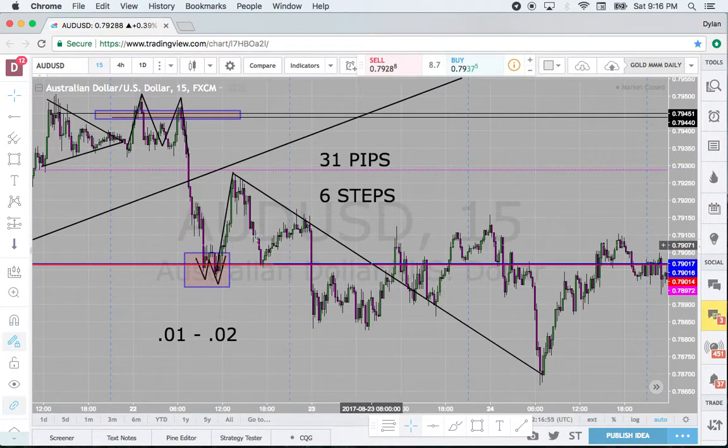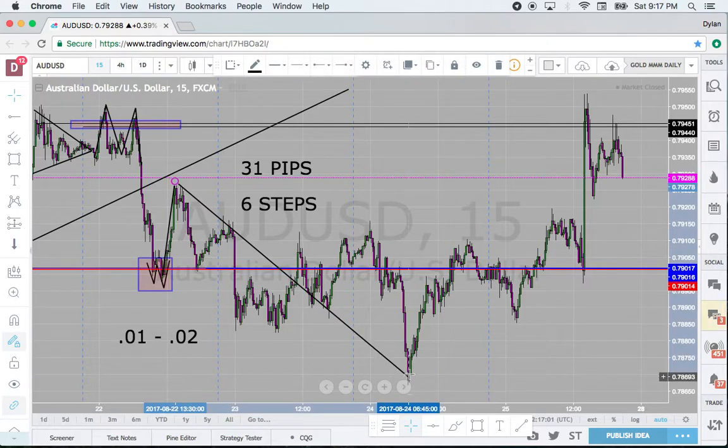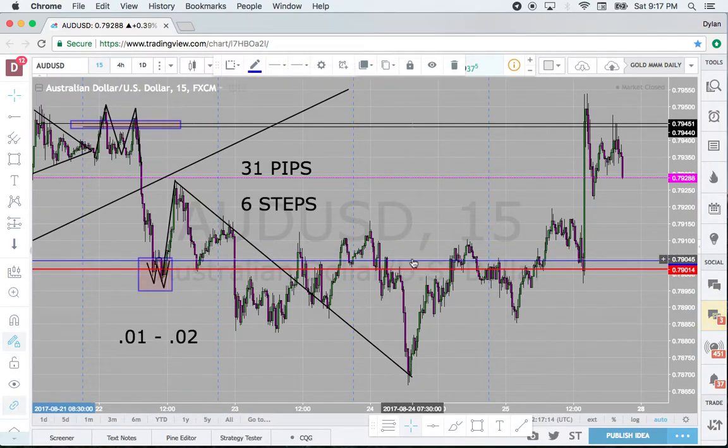You would have just closed out right there, and price came all the way back down to this area and let the stop loss move itself. Everything was done hands-free. So for you to worry about losing profits is silly.